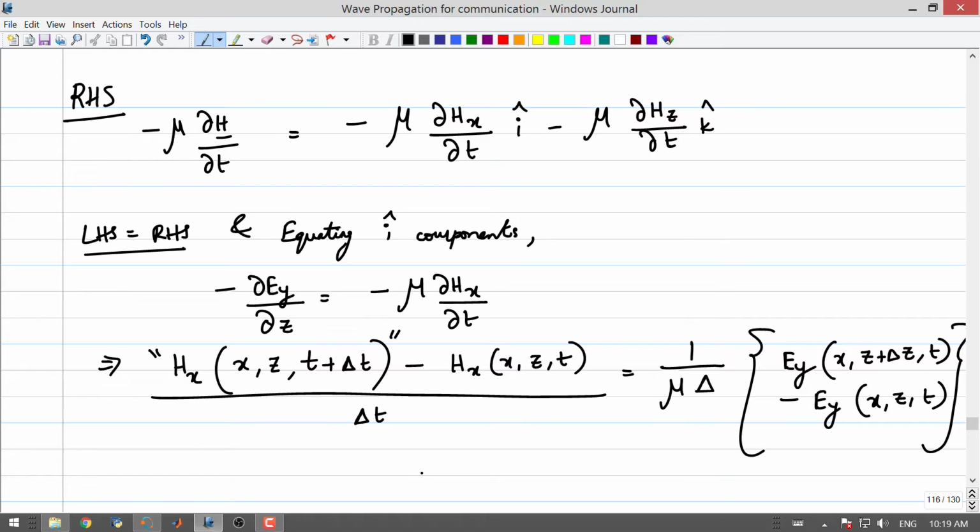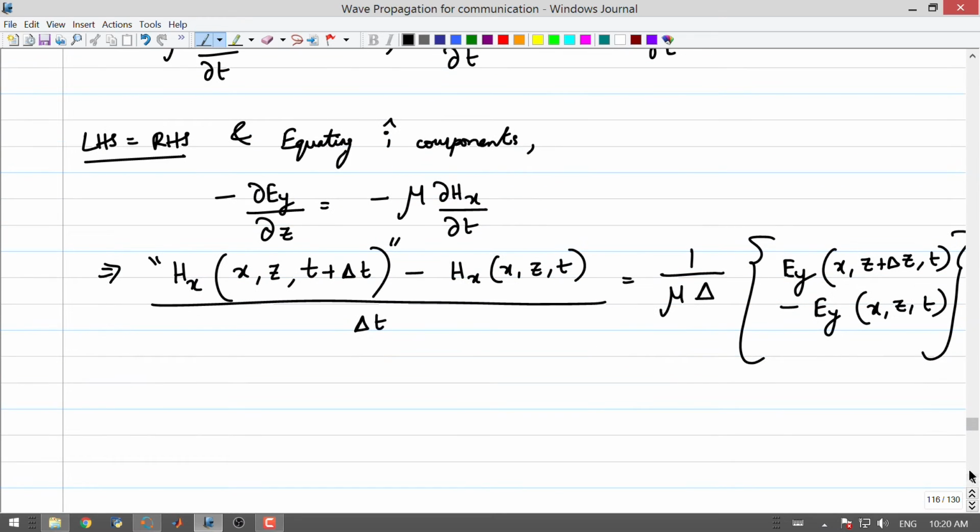This is the objective. So, you have to find out update equations for all the three quantities that you are interested in: Hx, Ey, Hz. So, we have done Ey. Now, we have Hx, the only thing remaining is Hz. So, you can always equate the left and the right hand side, equating k components.